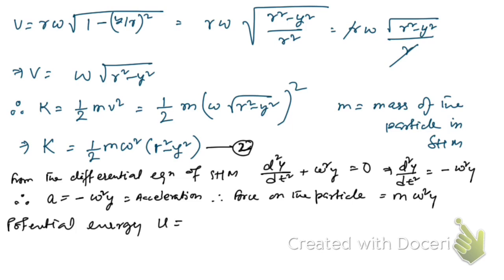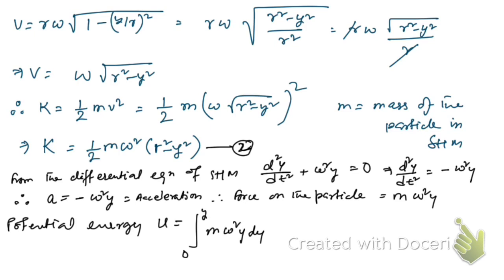So if this is the force, then potential energy can be obtained by integrating from 0 to y, integrating m omega square y dy, right? So that is the work done by this force, okay? Work done by this force is going to be stored as potential energy, right?